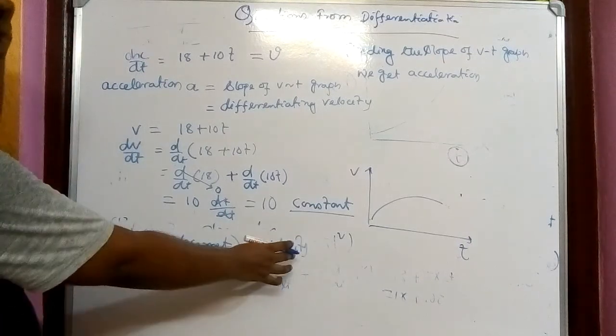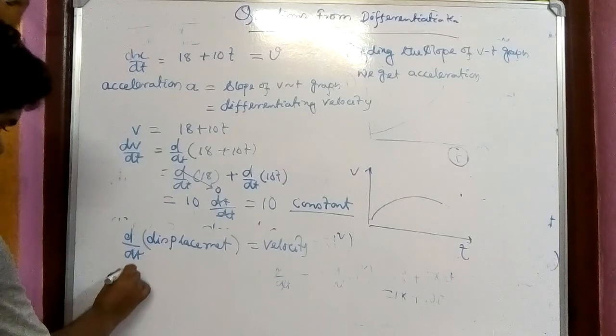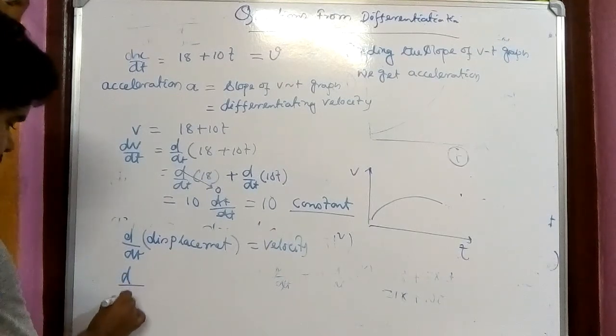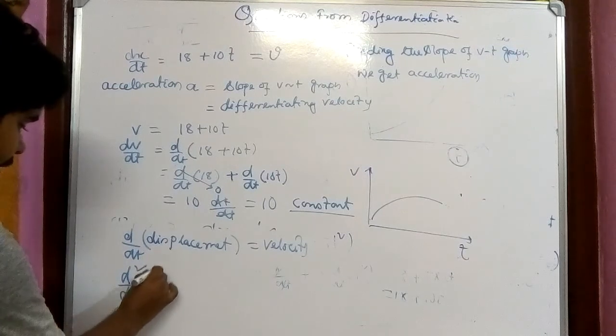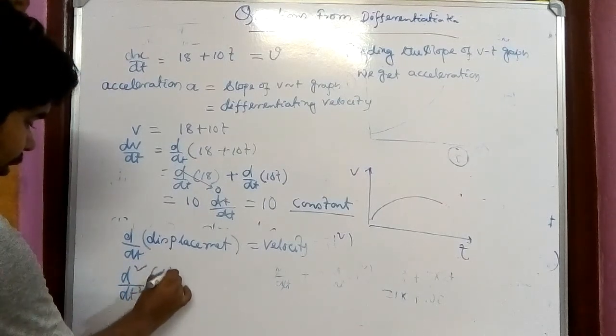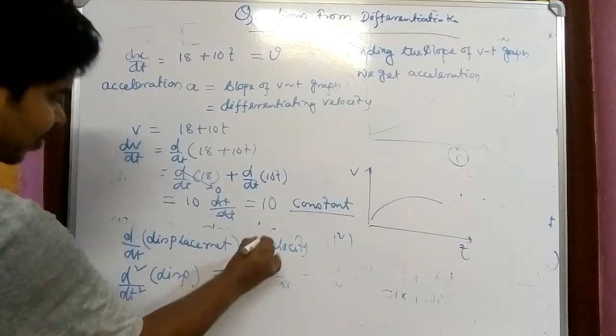And when you differentiate velocity, you will get acceleration. In another way, we can say if you differentiate displacement doubly, means d2 by dt2 of displacement, that will give you acceleration.